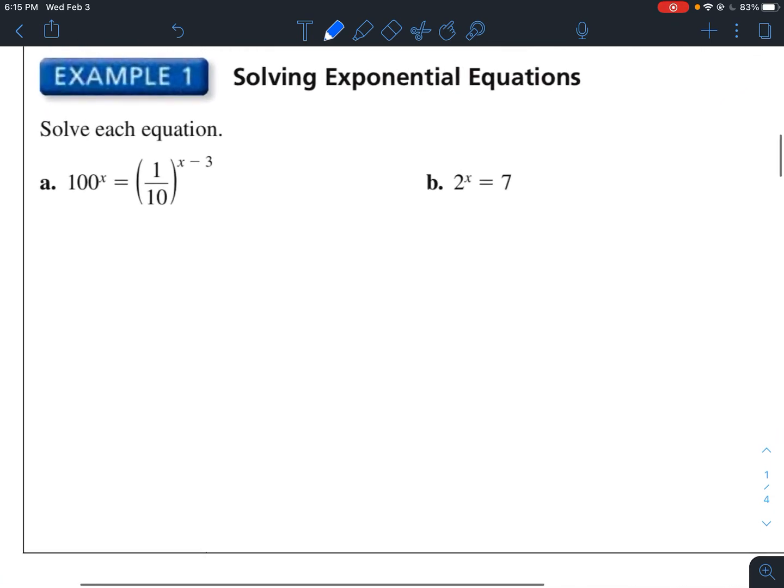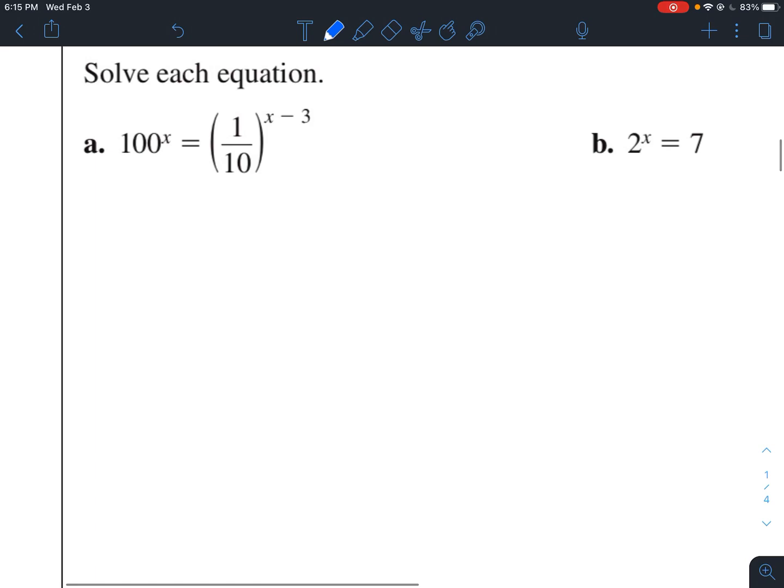So solve each equation. Let's see if we can manipulate these bases to be equal to each other. Let's start on the right side. This is 1/10. Using properties of exponents, I can rewrite this as 10 to the negative 1. 10 to the negative 1 is equal to 1/10. That's what negative exponents do.